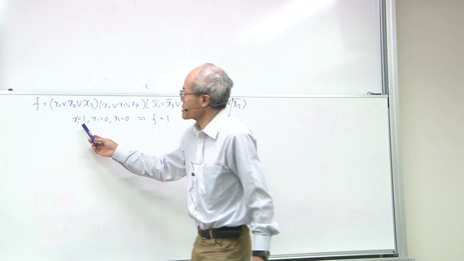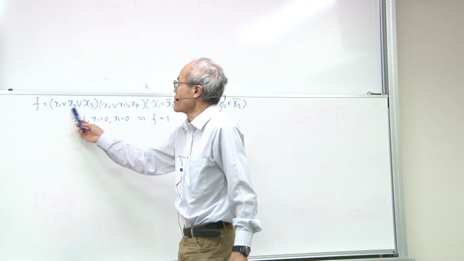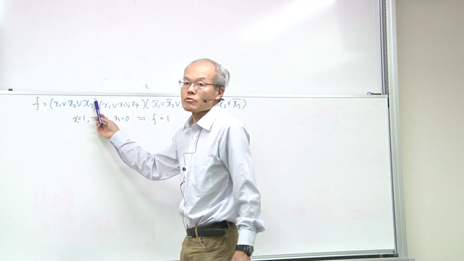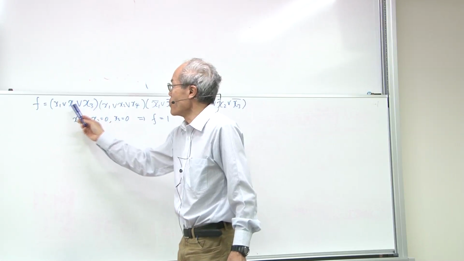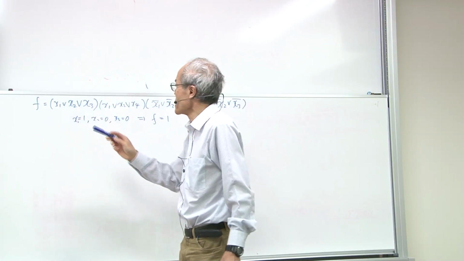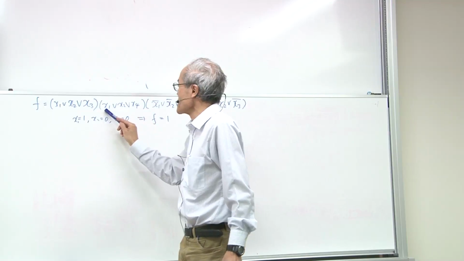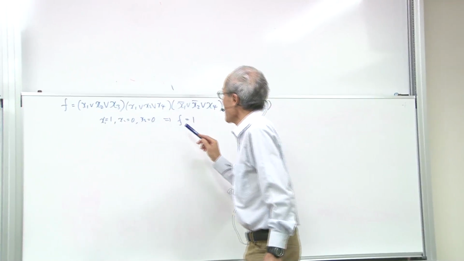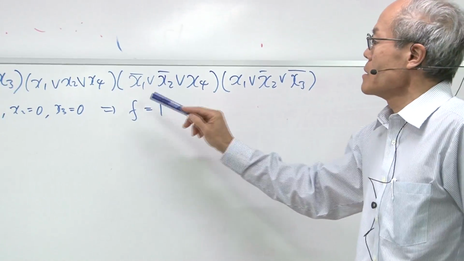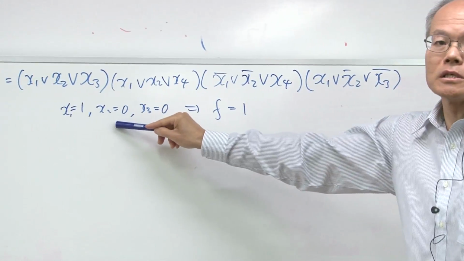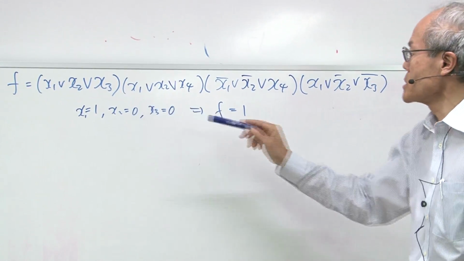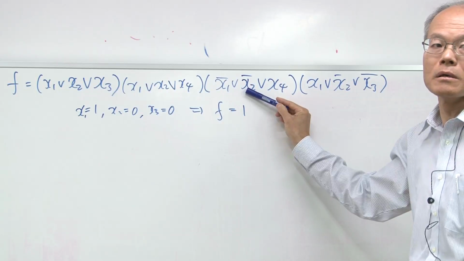Because x1 is equal to 1, this clause is already true. It's 1 because this is Boolean OR. And this is also okay because here we have x1. And here, because we set x2 is equal to 0, this is okay.